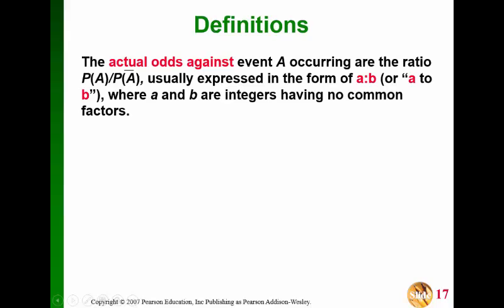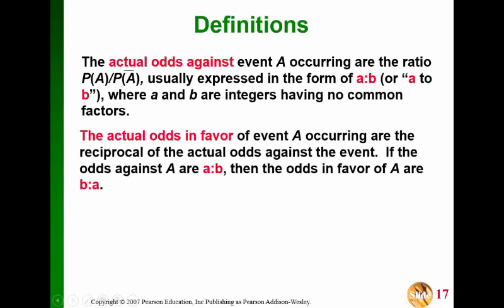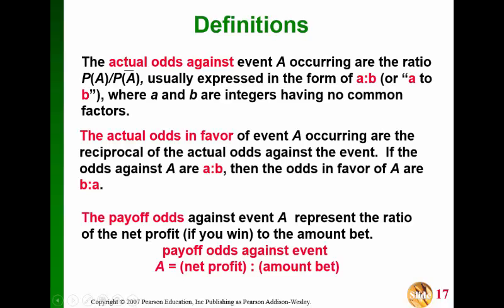Odds. We usually see the idea of odds in gambling, but it's also discussed in other things as well. So odds against an event A occurring is going to be a ratio.